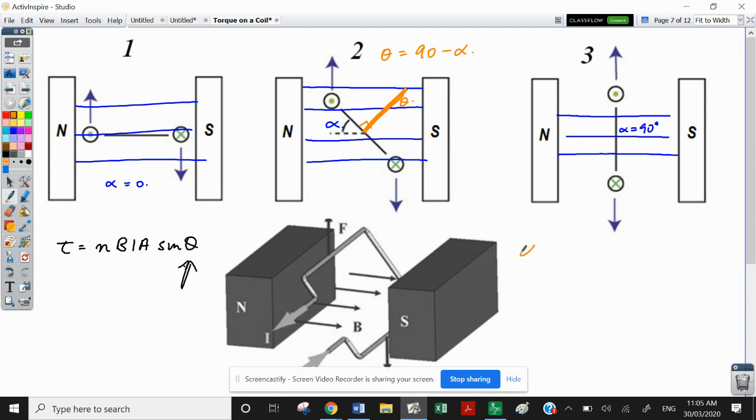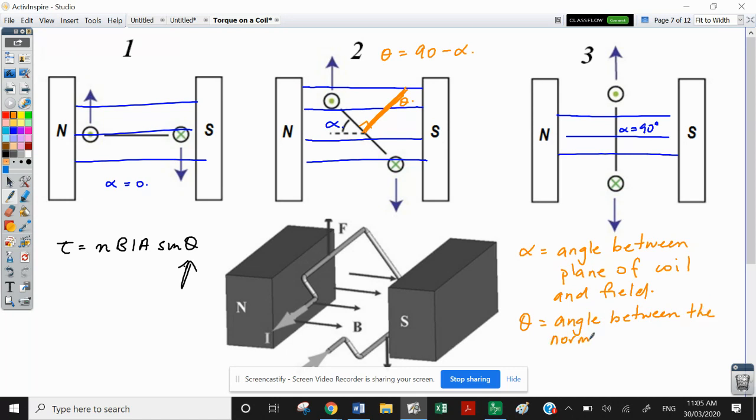So let's just define that: alpha is the angle between the plane of the coil and the field, and theta is equal to the angle between the normal to the coil, the normal to the plane, and the field.